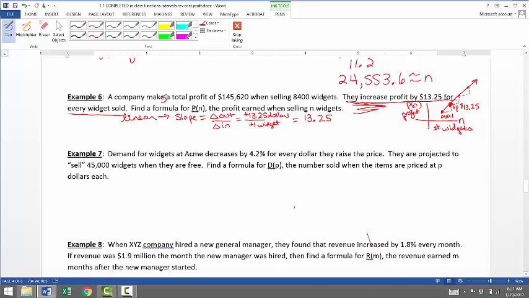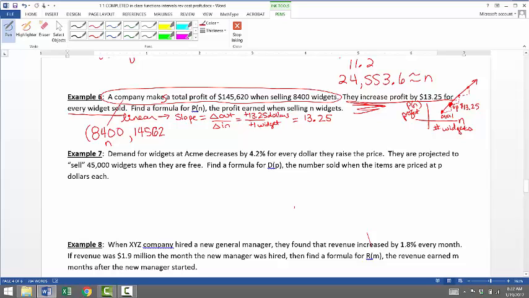All right, so what about the first sentence? The first sentence is telling us a point on the graph. They tell us specifically the profit is $145,620 when selling 8,400 widgets. So if the input n is 8,400, the output P will be $145,620.